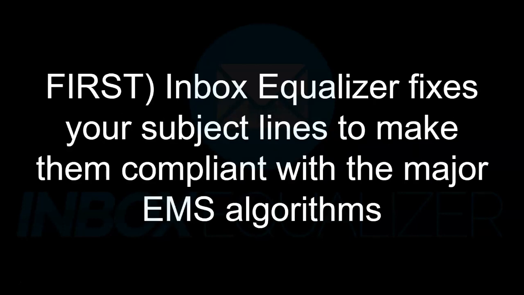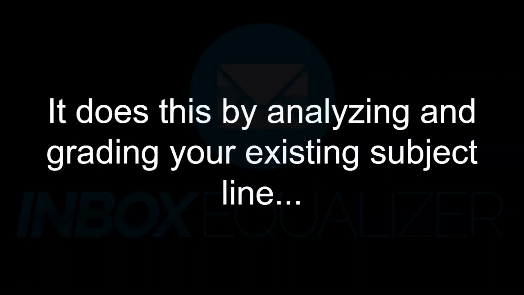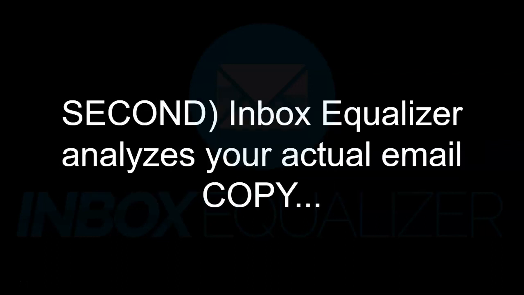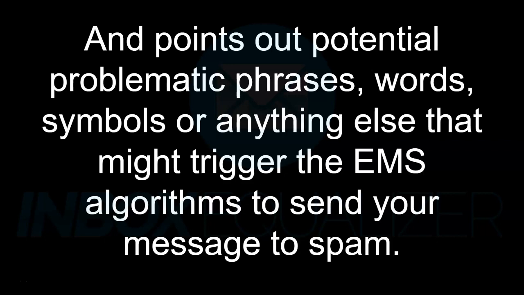First, Inbox Equalizer fixes your subject lines to make them compliant with the major EMS algorithms. It does this by analyzing and grading your existing subject line and then making recommendations so that you can get it just right. Second, Inbox Equalizer analyzes your actual email copy and points out potential problematic phrases, words, symbols, or anything else that might trigger the EMS algorithms to send your messages to spam.